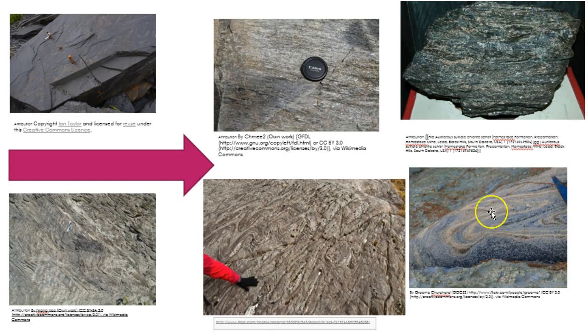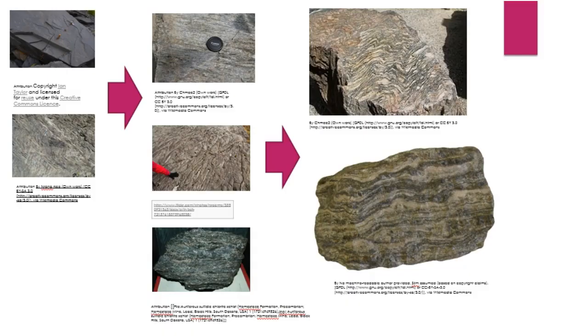Now take schist and heat it up again or put it under even more pressure, and you end up with gneiss. So we've gone from mudstone to slate to schist to gneiss, which is this rock here, foliated even more. See how you have the distinct lines of dark and light?